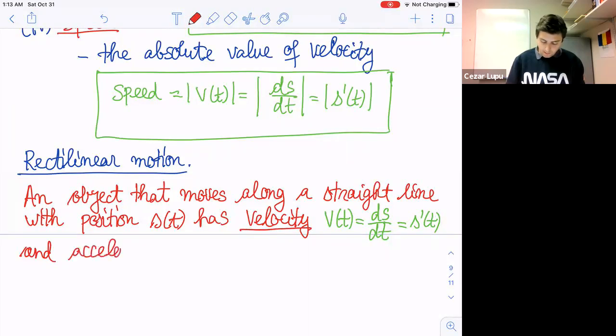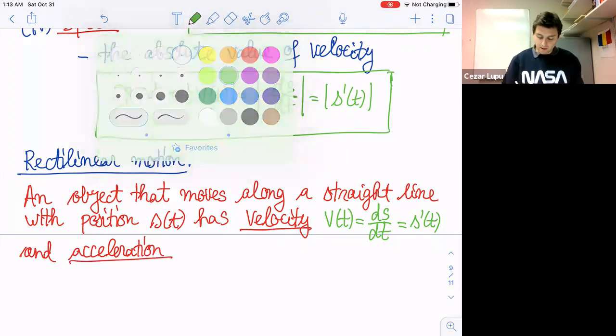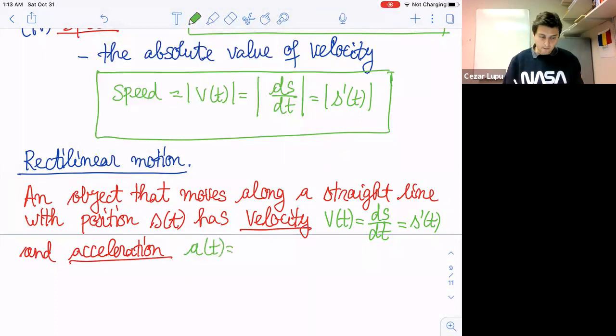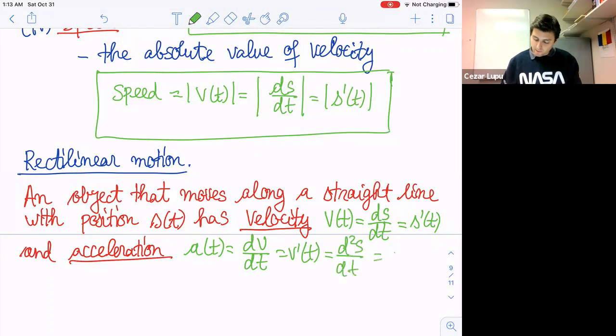and this acceleration will be nothing else than just this function a of t, which is the derivative of the velocity, so dv over dt, which is v prime of t, or is the second derivative of the position, or s second prime of t. Okay, we can say it like that.